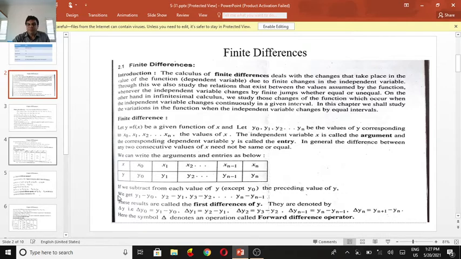This is the simple formula. The symbol delta denotes the operation called the forward difference operator.